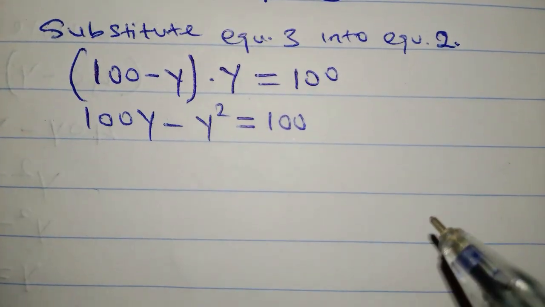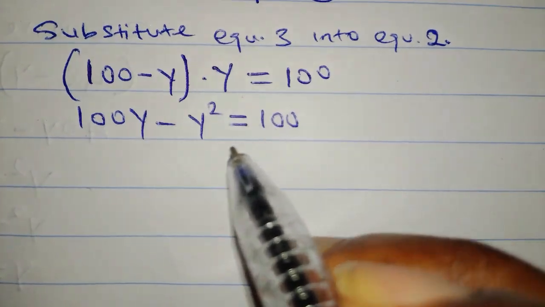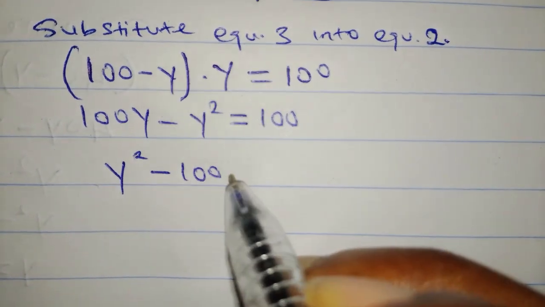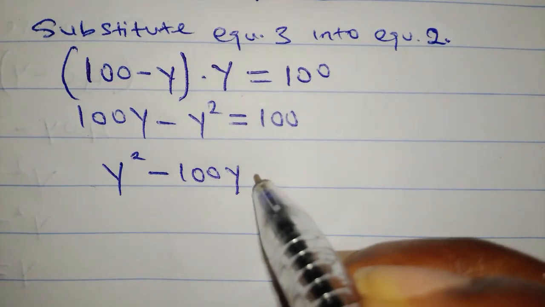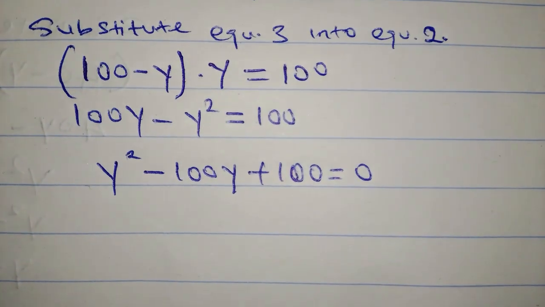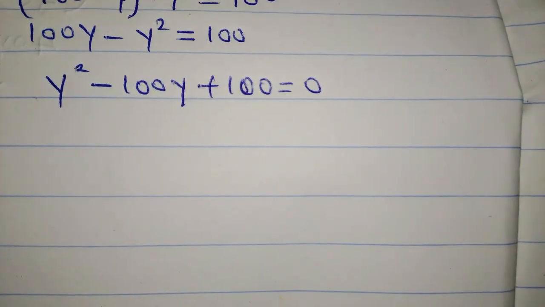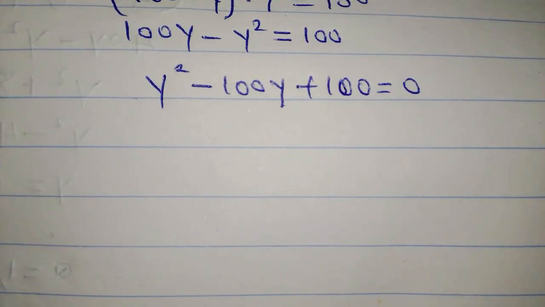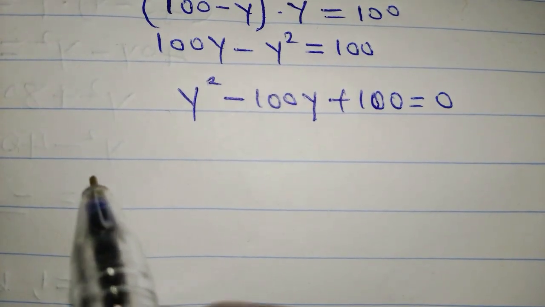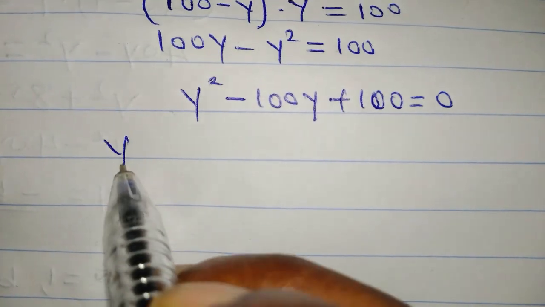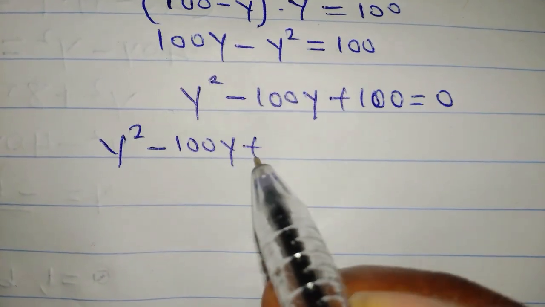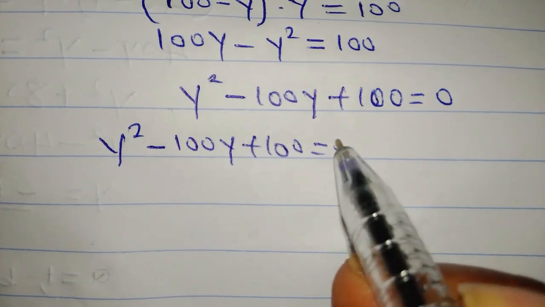So from here now, bring this one to this side. We have y squared minus 100y plus 100 equals 0. Having done that, we now have a quadratic equation. So we can say y squared minus 100y plus 100 equals 0.